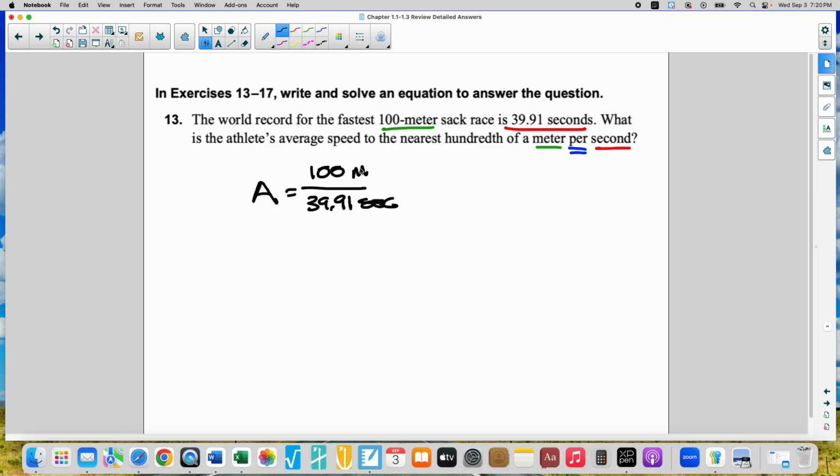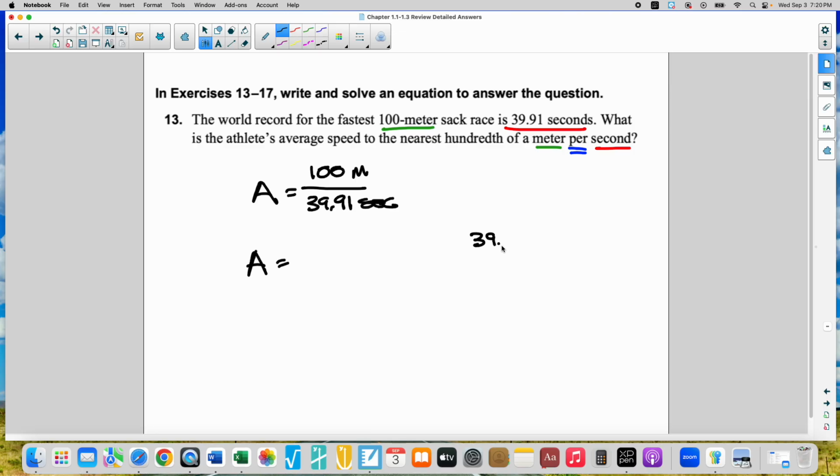And notice that gives me meters per second. Now they are looking for an equation where you get the unit rate. So I want meters per 1 second, not 39.91 seconds. So this is a good way of doing it. There's lots of different ways you can do it, but this setup is correct because I get my solution automatically.